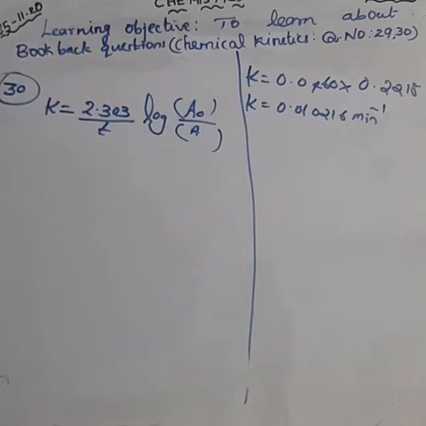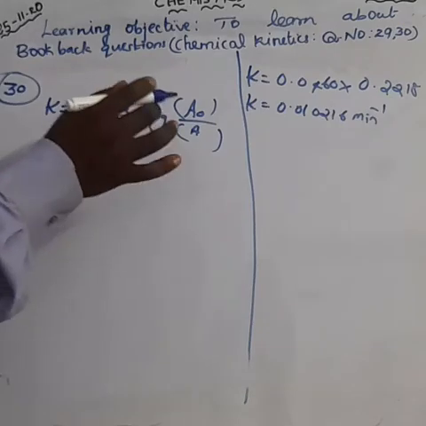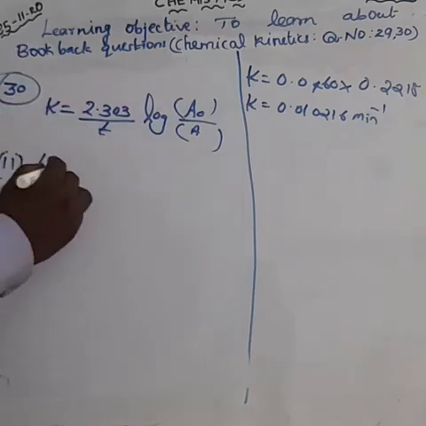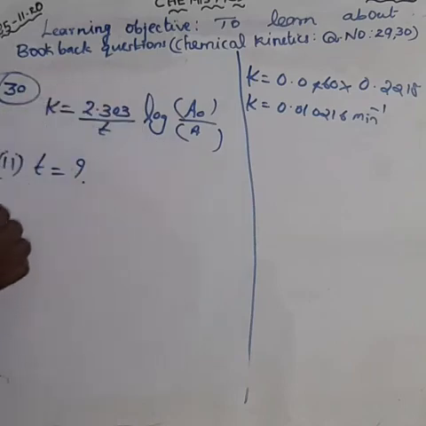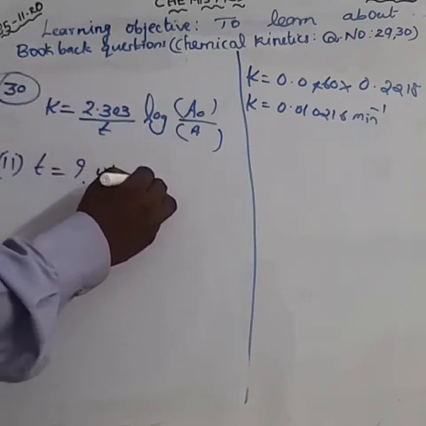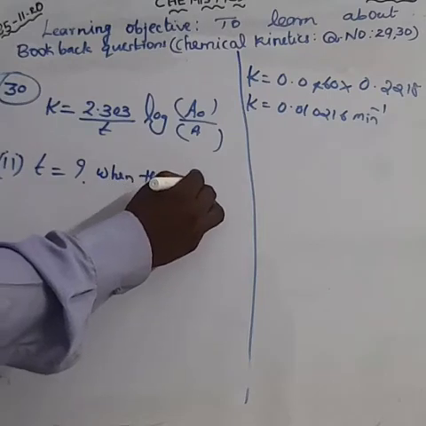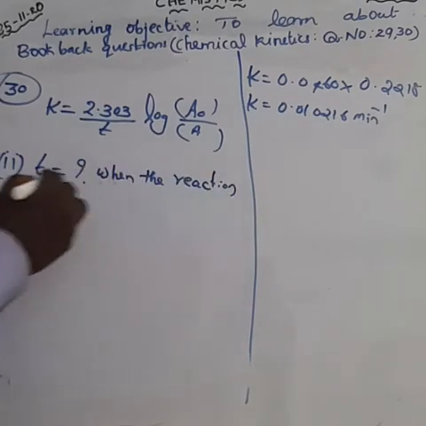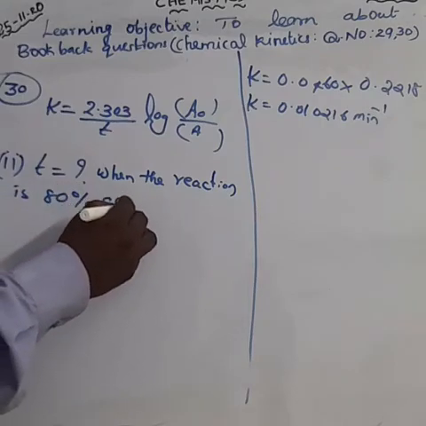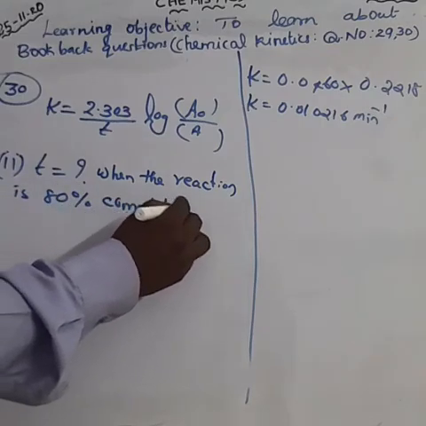So again we work on T. For this reaction, that is the second step, the first step is over. For the second step, T is what we should find out when the reaction is 80% completed.